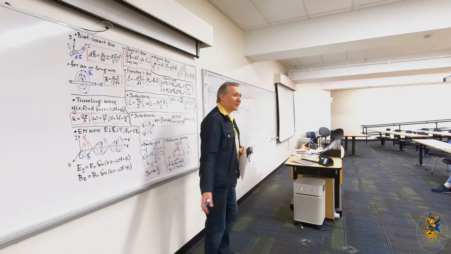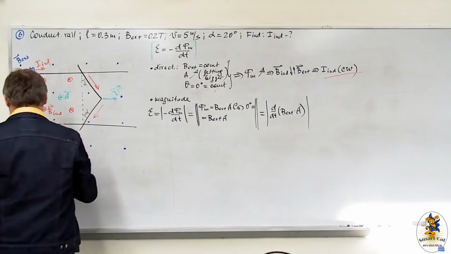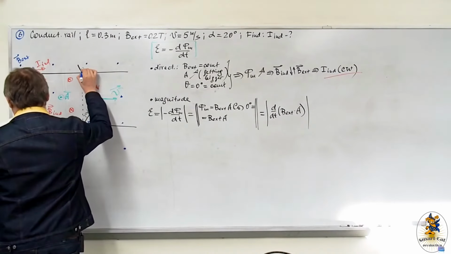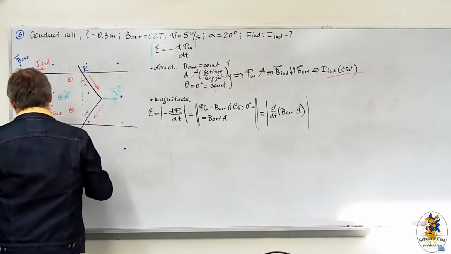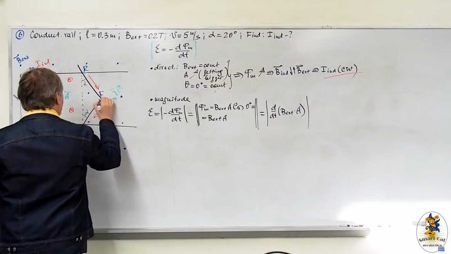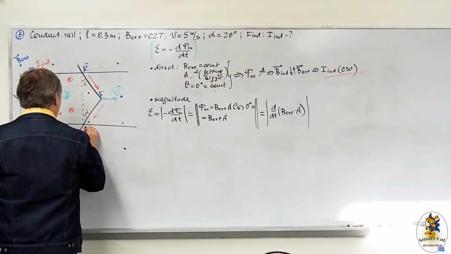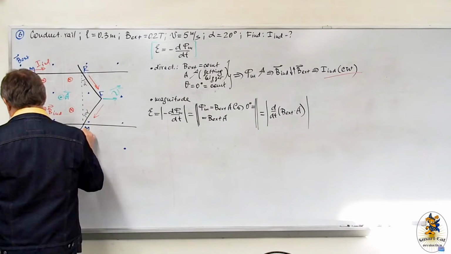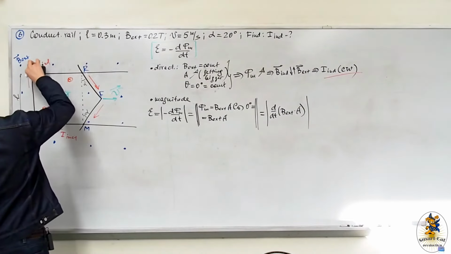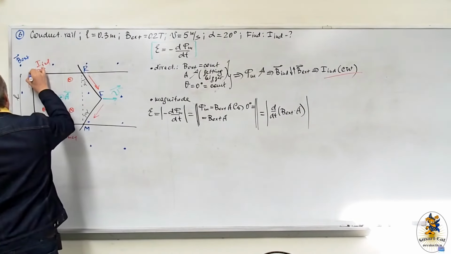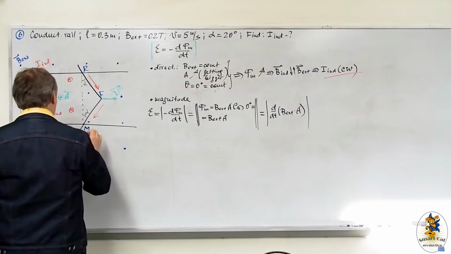To avoid confusion, I'm using these strange letters: R, F, and M. This is K, and M.